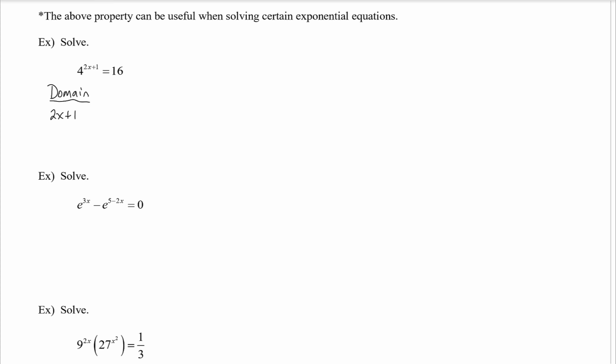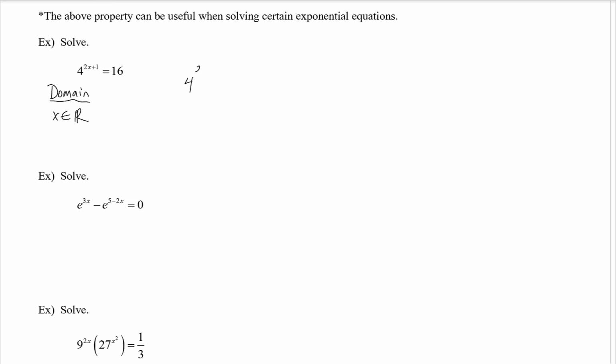It doesn't really matter. So x can be any real number because it's the exponent on an exponential function. And exponents can be positive, negative, fractions, non-fractions, irrational, rational, doesn't matter. We're good. Any real number. So any answer we get is going to be an answer, unless we make a mistake, obviously, in our logic. But let's see what happens.